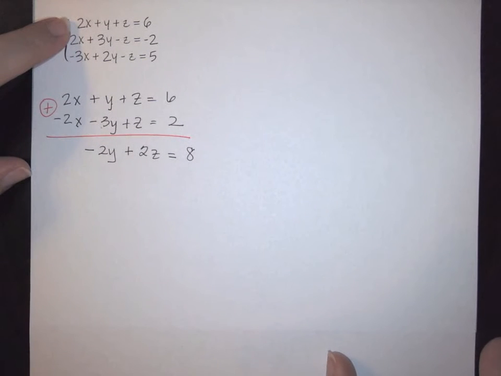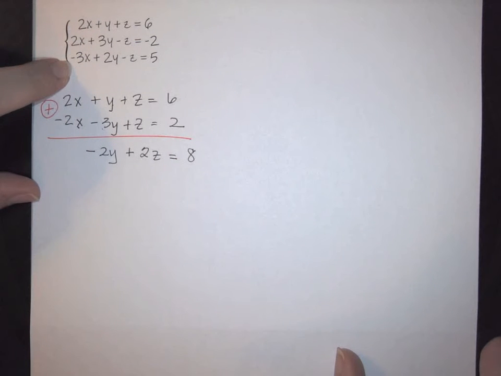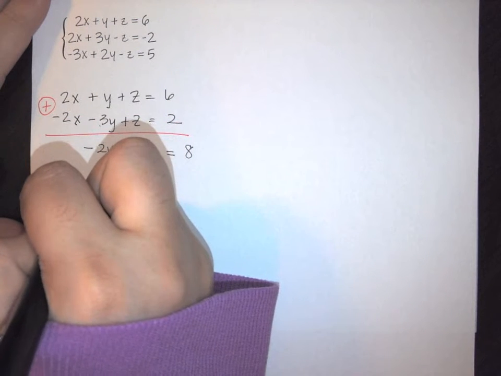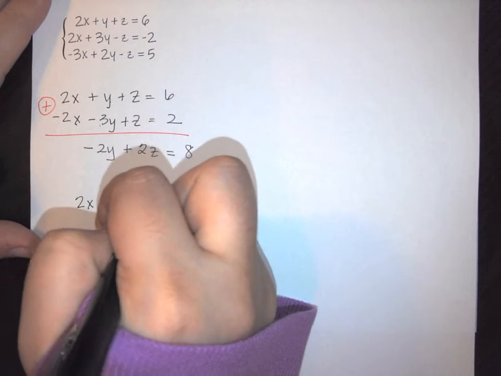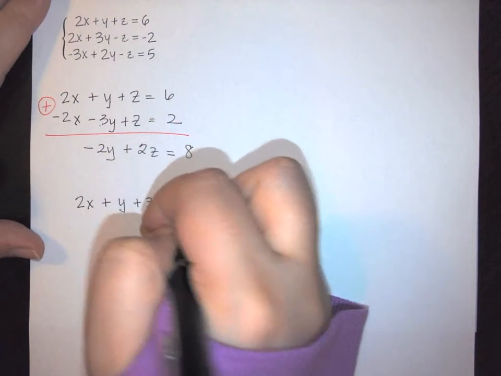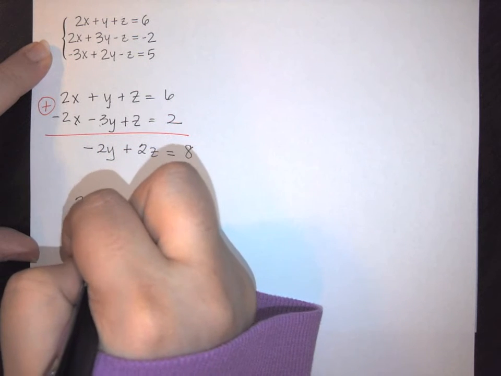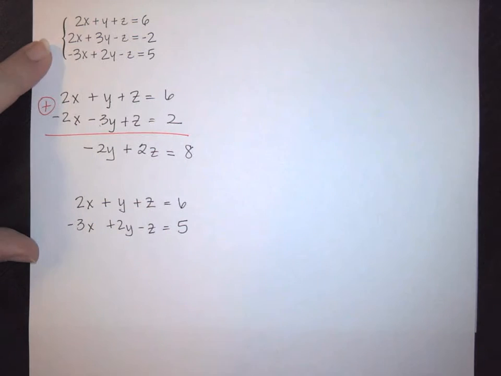So here I'm going to keep with my top, but now since I already used the middle one, I have to use the bottom one. And so here I'm going to start with my 2x plus y plus z equals 6, and I'm going to also use the negative 3x plus a 2y minus z equals 5.